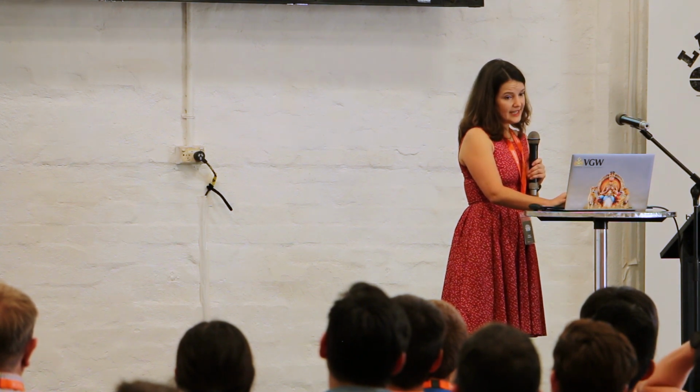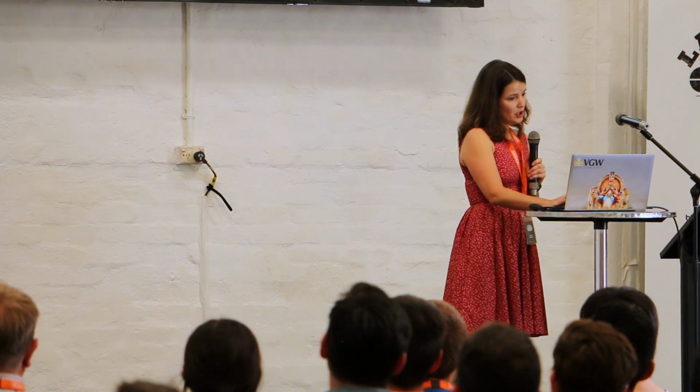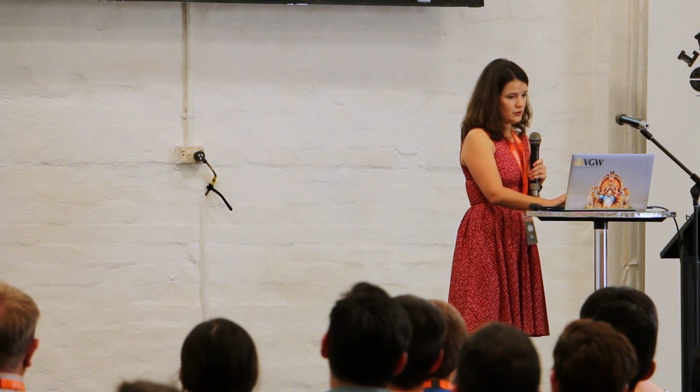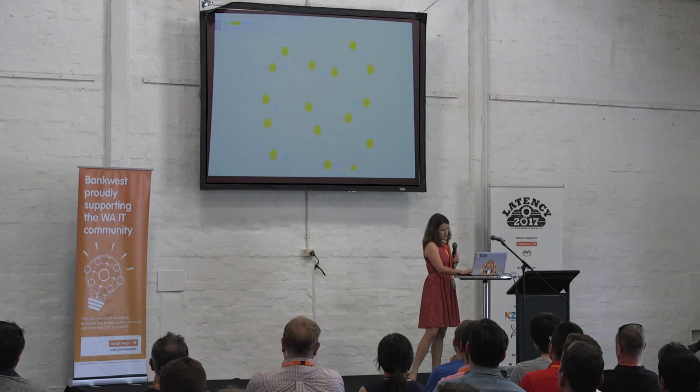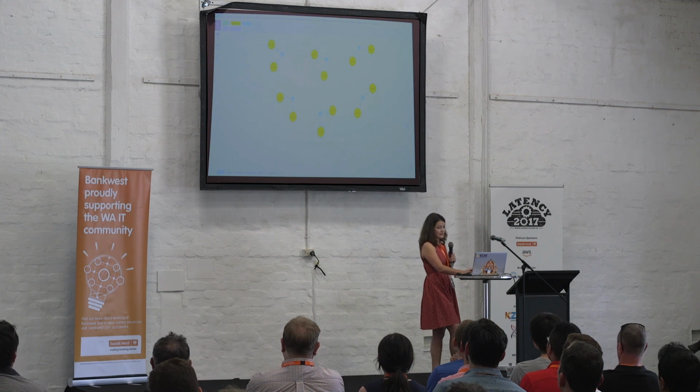Okay, let's expand this graph and see who they lost those $2 to. Cool. You see, now we see that it lost $2 to someone else.